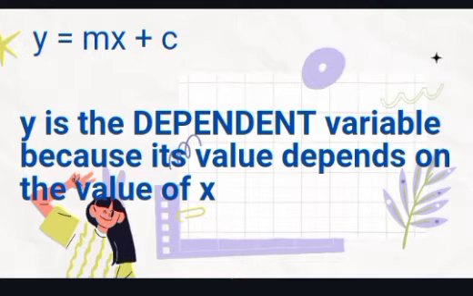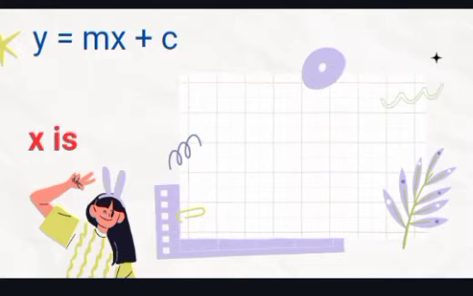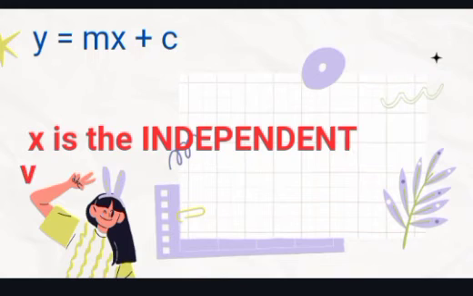This is because its value depends on the value of x. And x, on the other hand, is referred to as the independent variable. This is because its value is not dependent on any other variable.